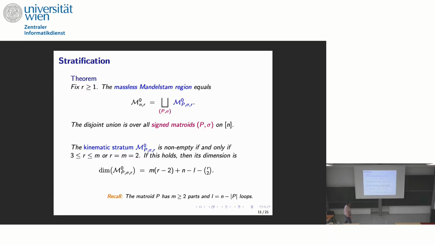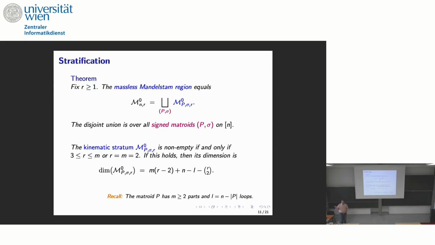So what are these things? I is the number of loops, so N minus I is the number of people I send out of the room. M is the number of blocks, R is the rank, and N is the number of particles. So this is a non-negative integer, and this is the dimension of the kinematic stratum.